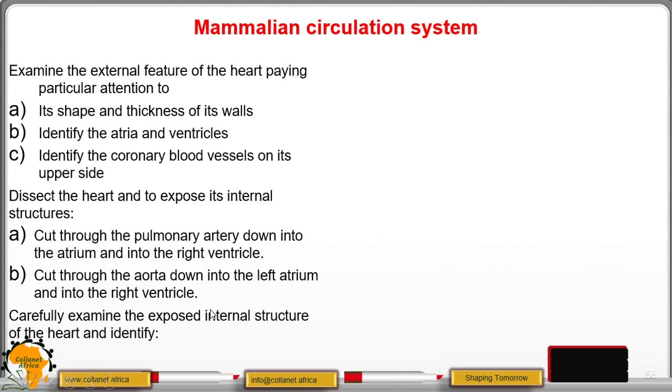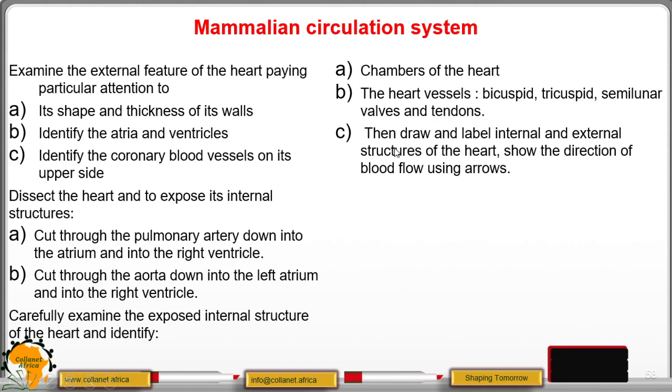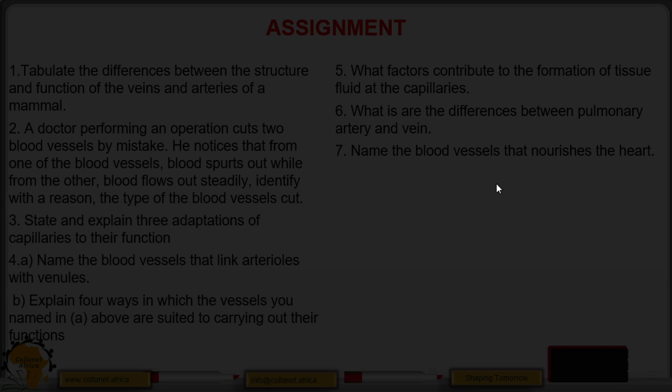Then examine the exposed internal structure of the heart and identify the chambers of the heart, the valves, bicuspid, tricuspid, semilunar valves, and the tendons. Then you have to draw and label internal and external structures of the heart and even show the direction of blood flow using arrows.